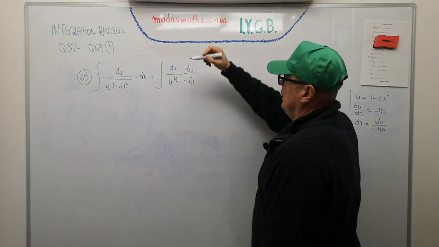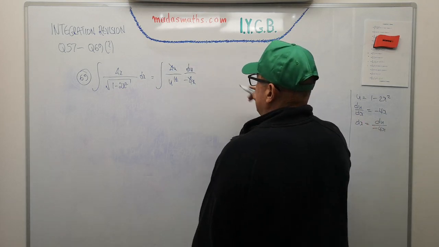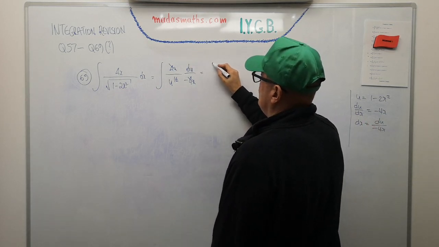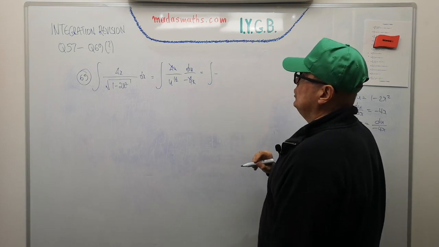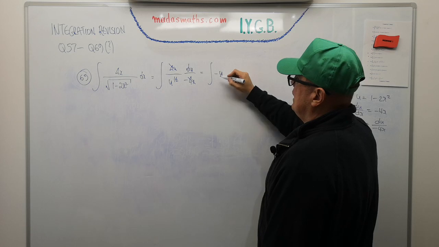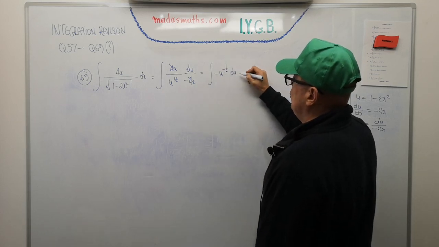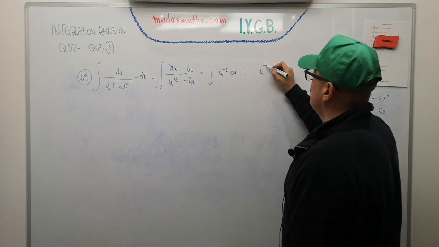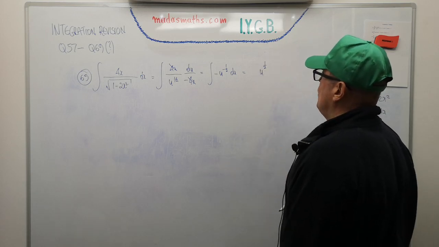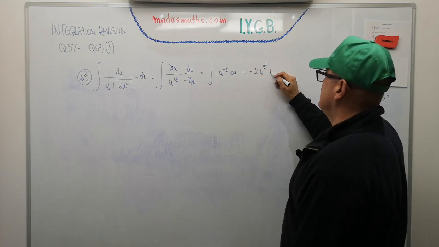This is brilliant because the 4x cancels, so I don't need to go and replace x's. So I'm going to rewrite this as, I have a negative there, so let's not forget, minus the integral of u to the minus a half, du, and now it's just increasing the power by 1, so u to the half, and 1 divided by half is 2, but let's not forget there was a minus there, plus c.